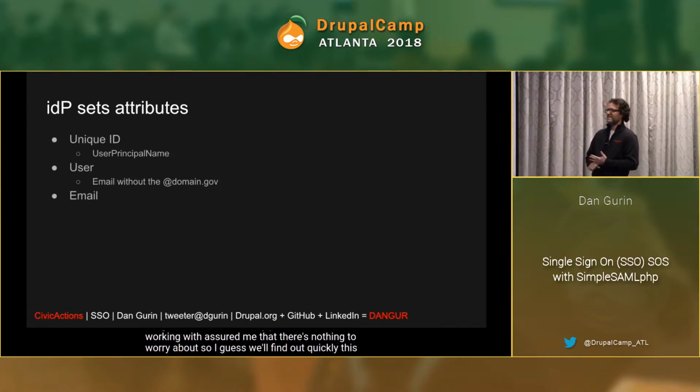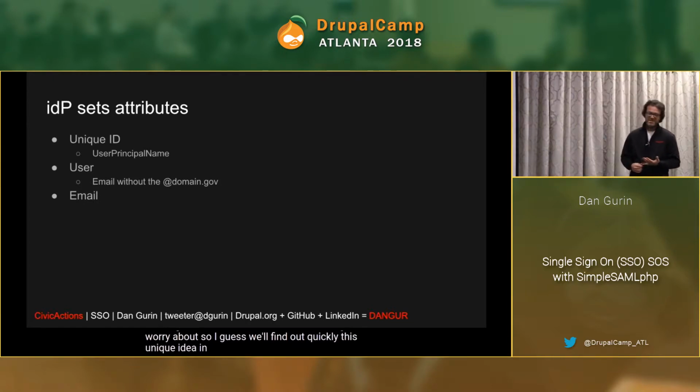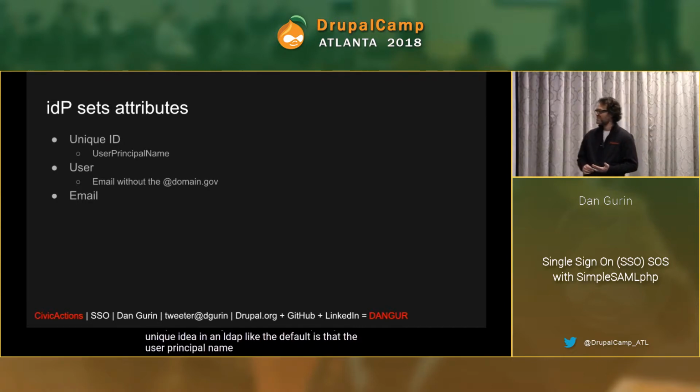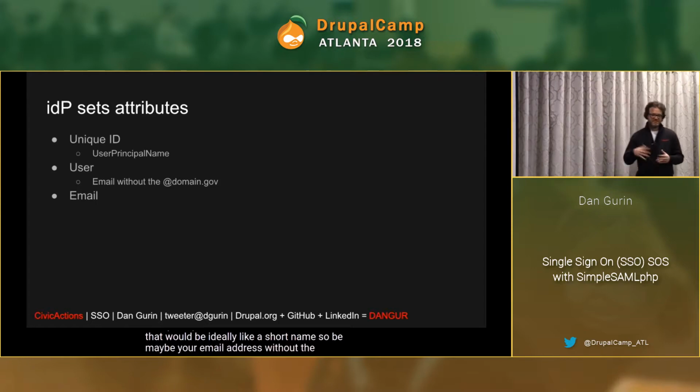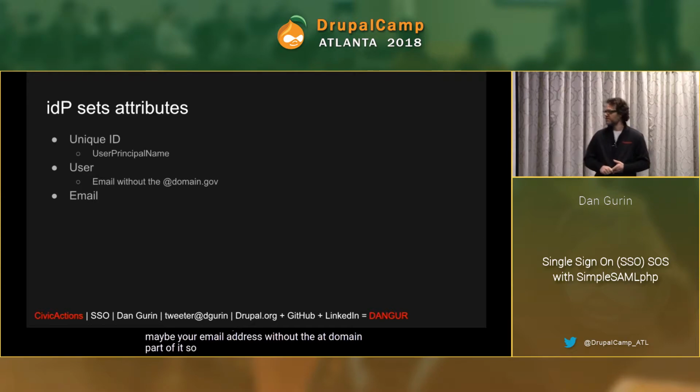Typically, this unique ID in an LDAP, like the default, is the user principal name, and then the user attribute. That would ideally be a short name, so maybe your email address without the at-domain part of it, like your first initial and last name or something like that.